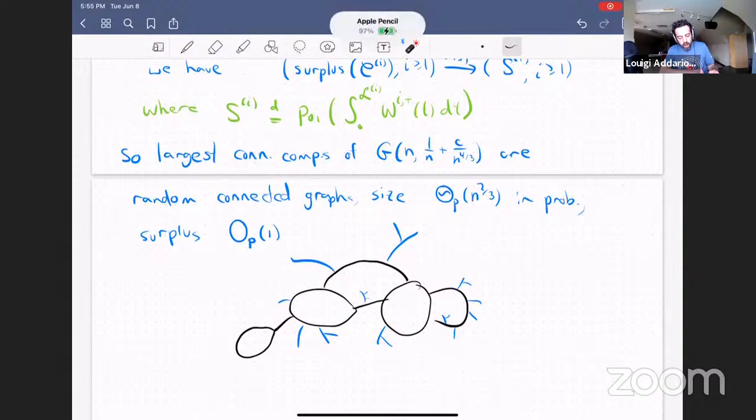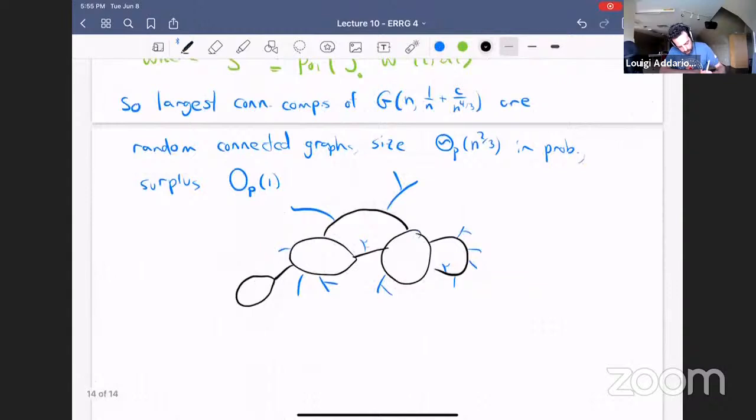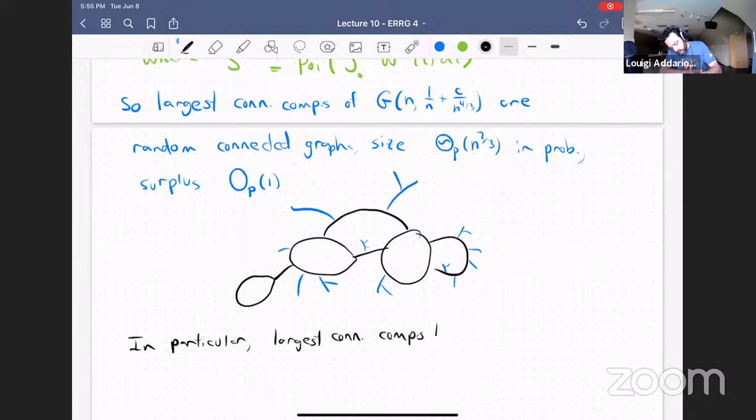So in particular, this tells us the largest connected components will have diameter of order n to the 1/3.